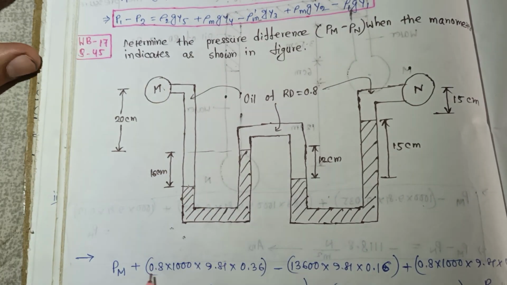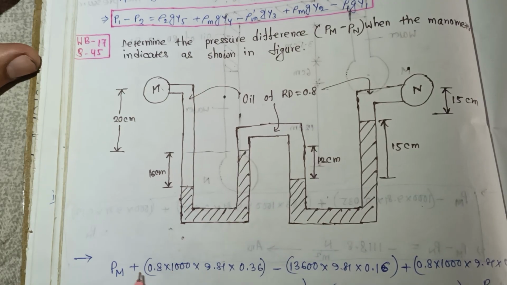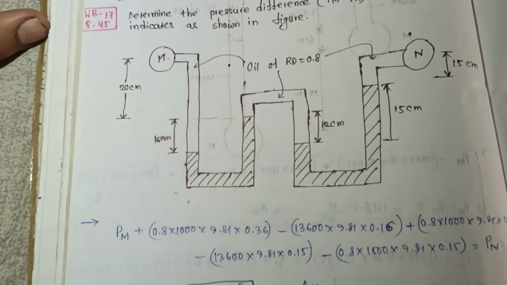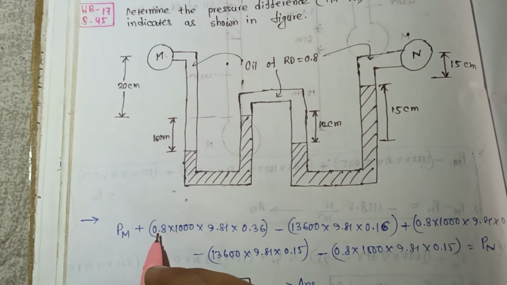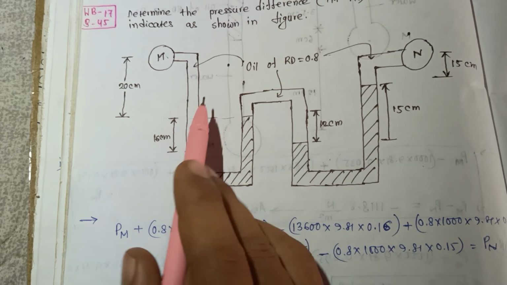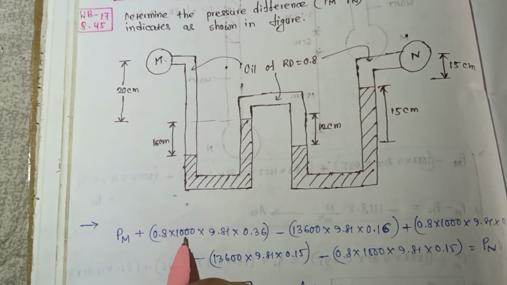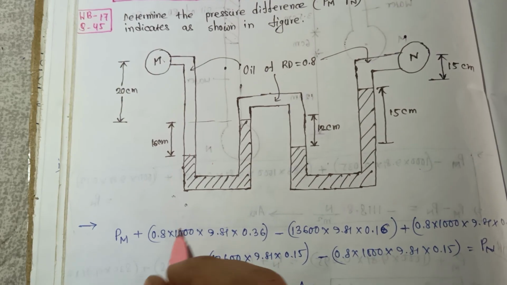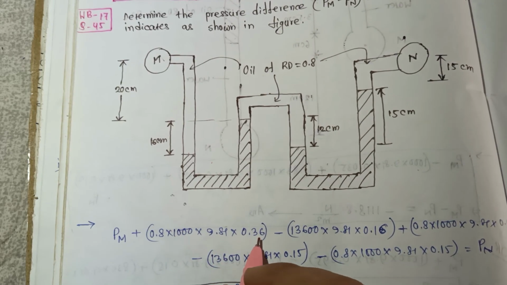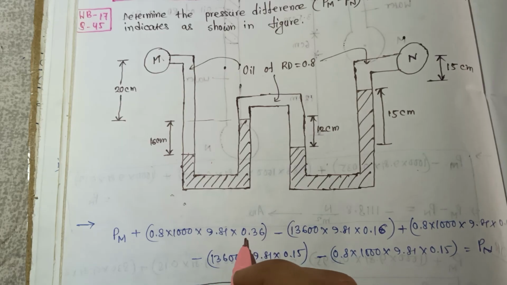This will be positive, because the downward direction is positive, into 0.8, the specific gravity that is given. 0.8 into 1000, the density of water, into 9.81 into the height, that is 0.36 meter.